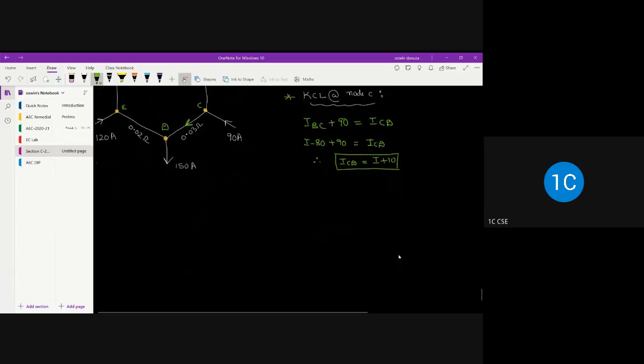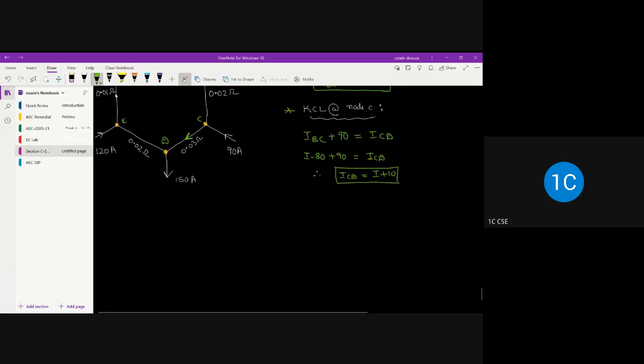Similarly, now let us apply KCL at node D. While applying, let me assume the current direction is clockwise, say D to E it flows.